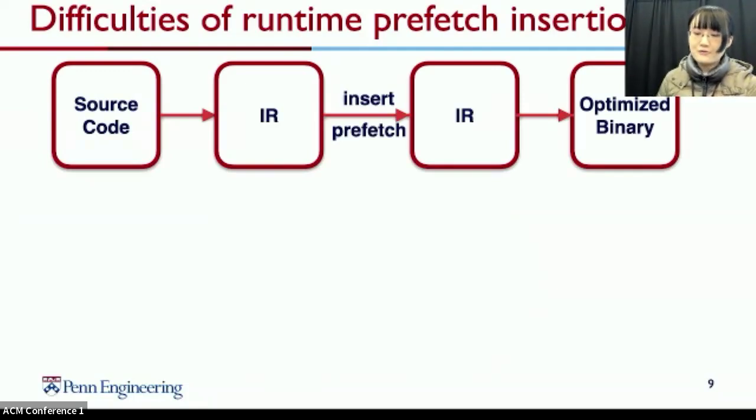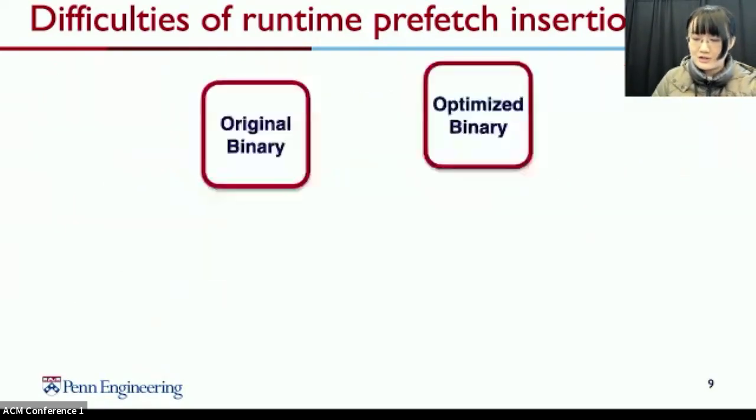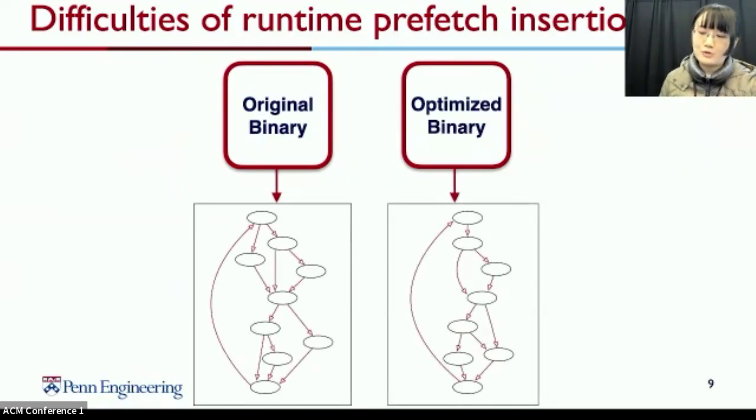After that, the compiler still needs to perform a number of optimizations before it finally generates the optimized binary, and these optimizations might significantly change the control flow graph of the optimized code. So it's hard for us to extract the difference between the original binary and the optimized binary, and hence we're not able to insert this difference into the text section.